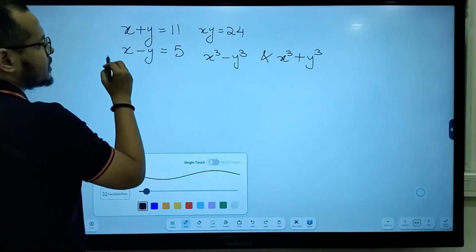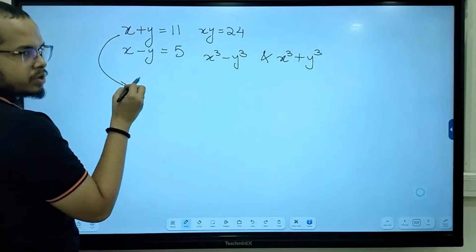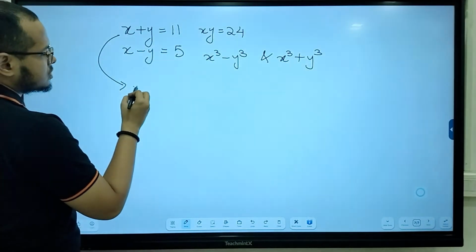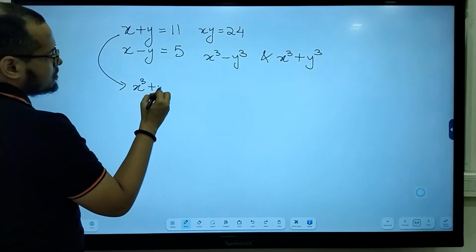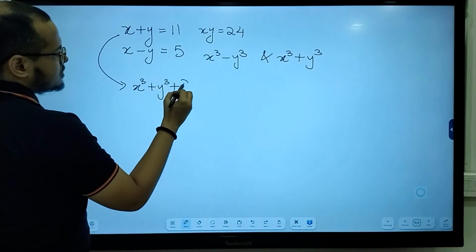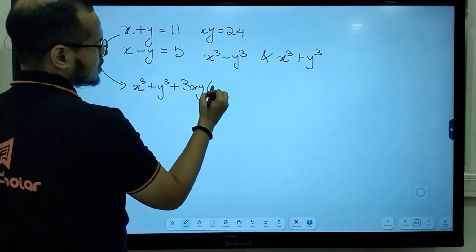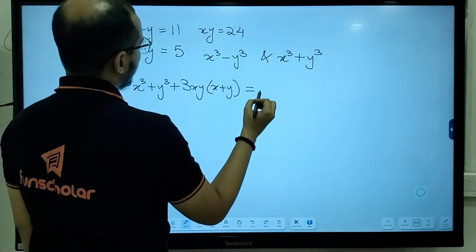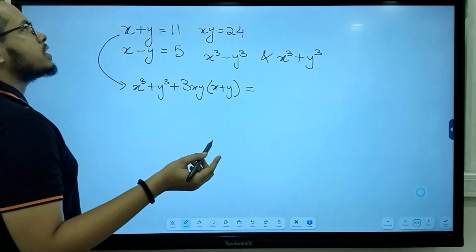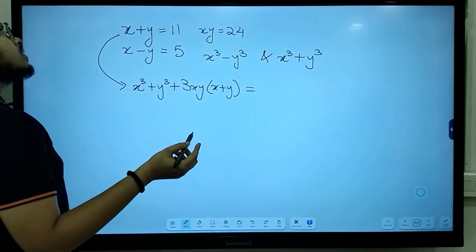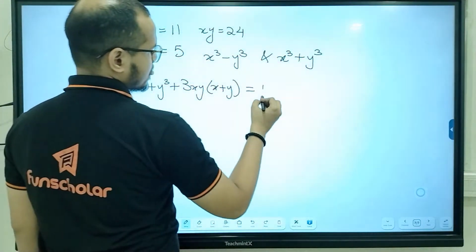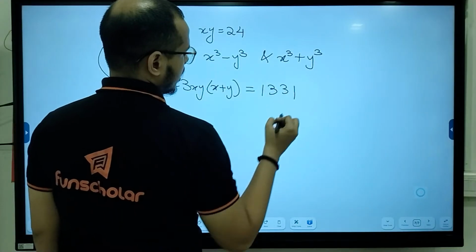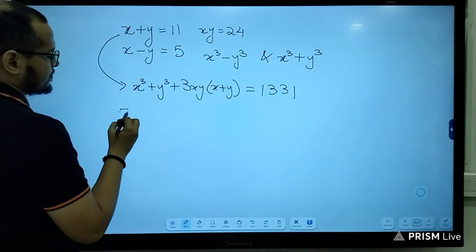Now, in order to solve for x cube plus y cube, we are always going to utilize the plus one. So cubing both sides, we are getting x cube plus y cube plus 3xy(x plus y) is equal to 11 cube. 11 cube, 121, 1331. 1331. Okay.